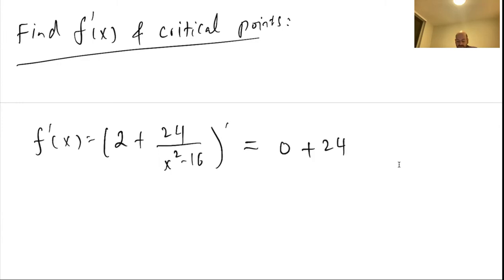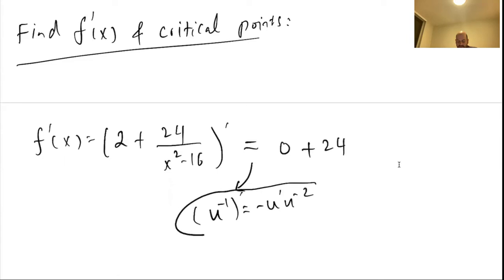So I can use the chain rule. The derivative of u to the power minus 1 is minus u prime u to the power minus 2. If I call x squared minus 16 u, I have 24 over u. The derivative of u to the power m is m u prime u to the power m minus 1. So minus 1 u prime u to the power minus 2.